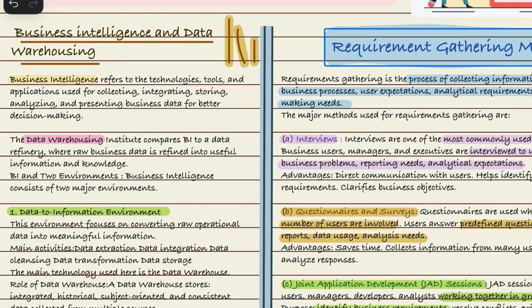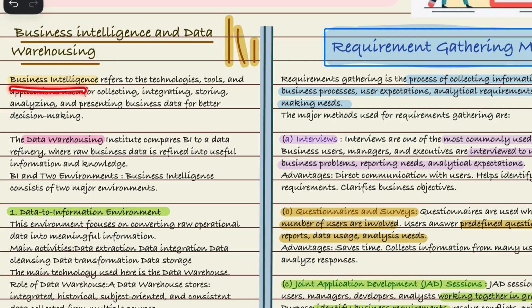That raw data is completely useless until it is refined into strategic value, until we create various graphs and visualizations to understand what story our data holds. That is why it is very important to understand how BI and the data warehouse work collaboratively.